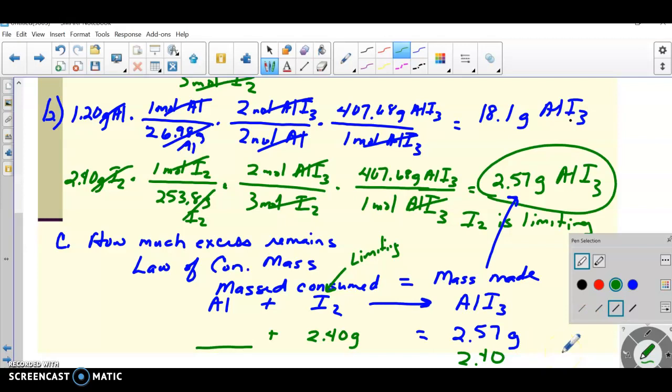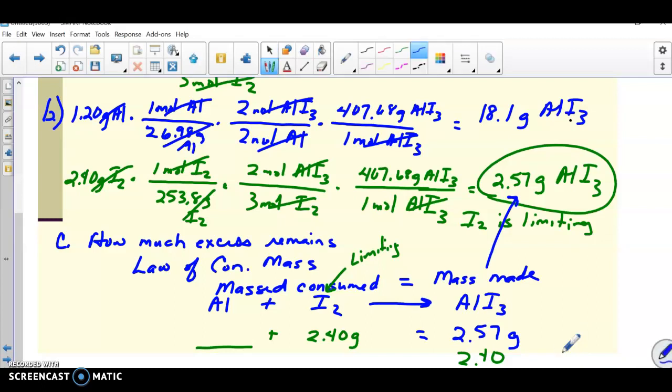Subtract the 0.17 that I would have used. I should have excess of 1.03, right? Because I had available 1.2 grams, but I only consumed, this is how much right here that I consumed, is the 0.17. So that's what would be left over as far as excess.